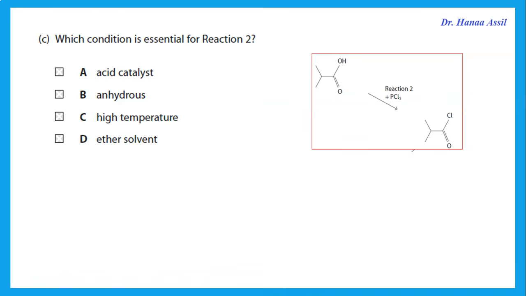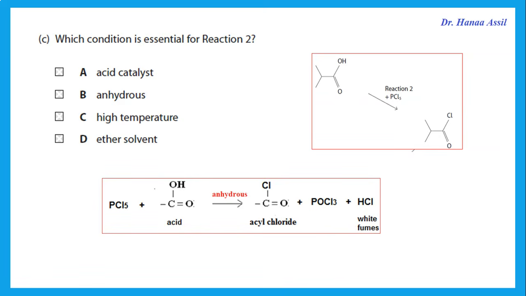Do we need the reaction to be anhydrous? Yes. Remember that when you have the reaction with PCl5, we do not want water in the reaction. Because if we had water in the reaction, then it would react. And that is not good. So this condition for this reaction is that there should be no water. So it should be anhydrous.